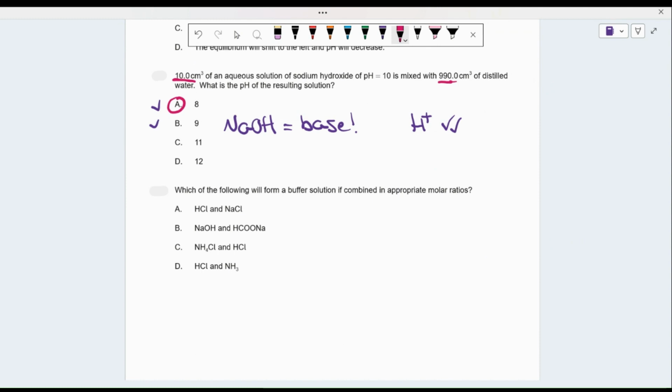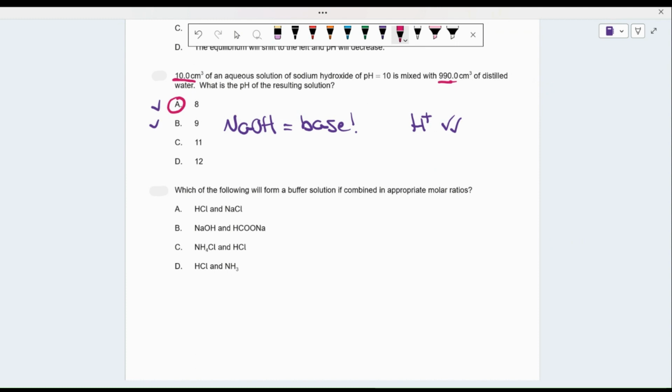Which of the following will form a buffer solution if combined in appropriate molar ratios? Right, so if we want a buffer, we want an acid and a base. An acid and a base. So A, hydrochloric acid, lovely. NaCl, no, that doesn't really offer us anything.